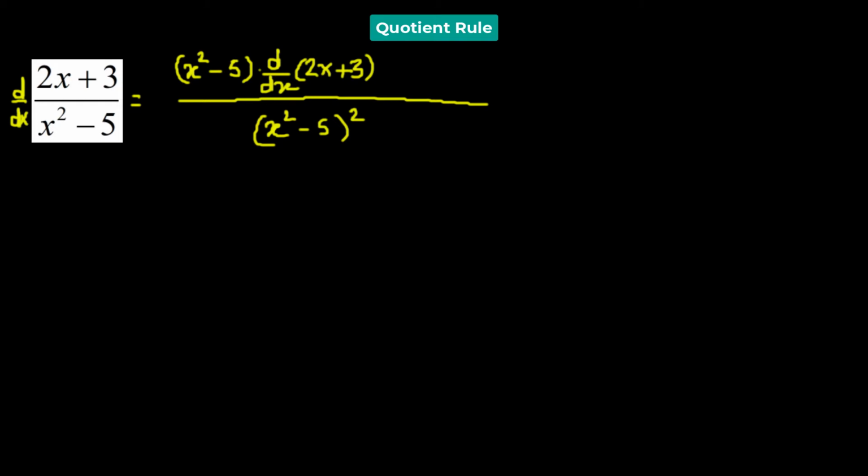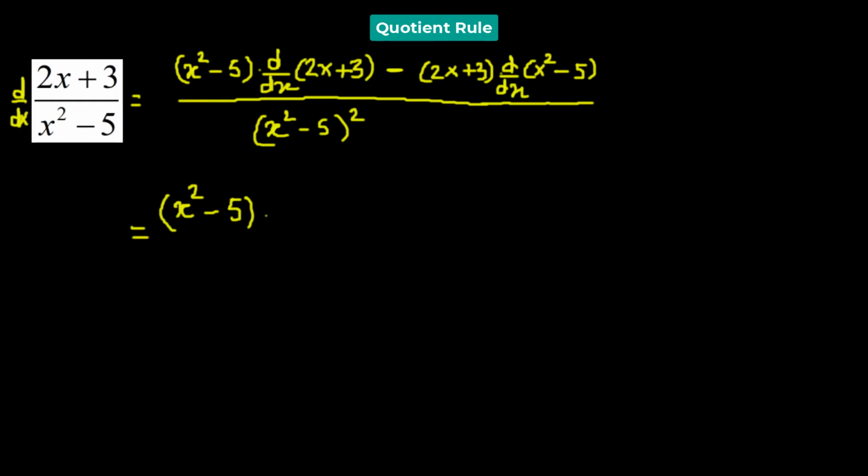Now here we have a minus. Now the order is extremely important, so we have to follow in this particular fashion. Then we have the numerator, which is 2x plus 3, and that will be multiplied to the derivative of x squared minus 5. So that is equals to x squared minus 5 multiplied to, so we have derivative of twice of x.